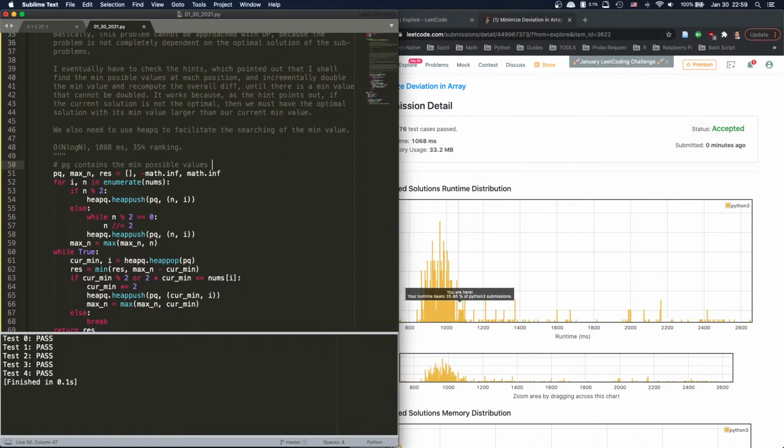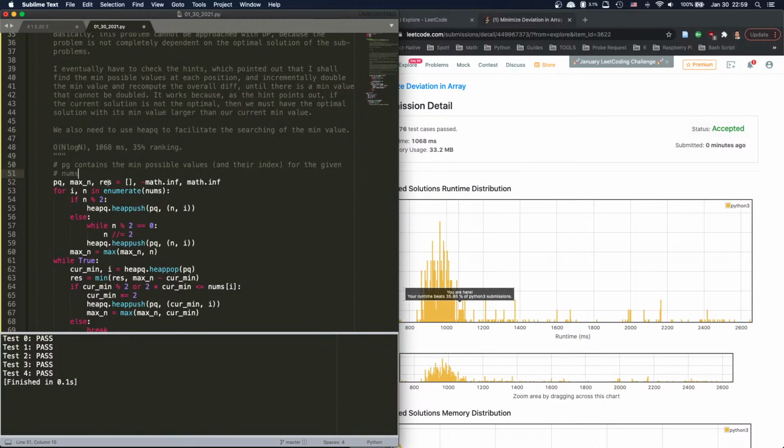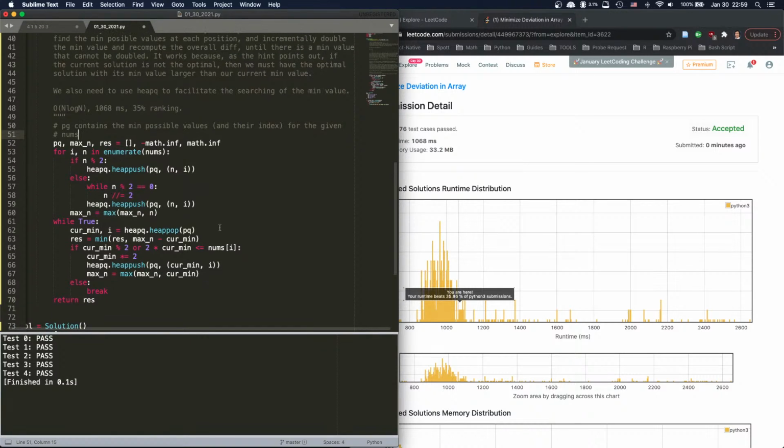Impossible value. And therefore, under index. Update current.